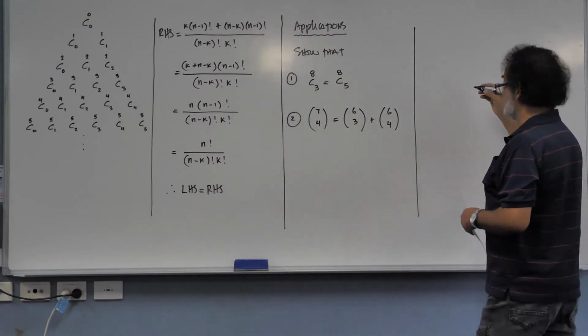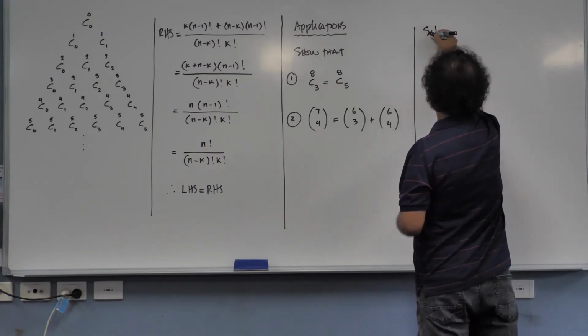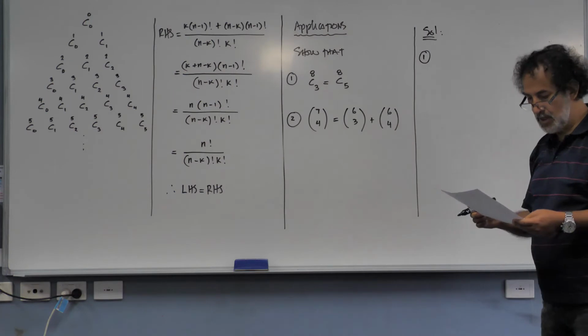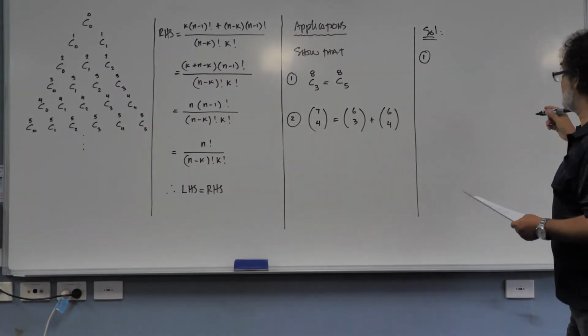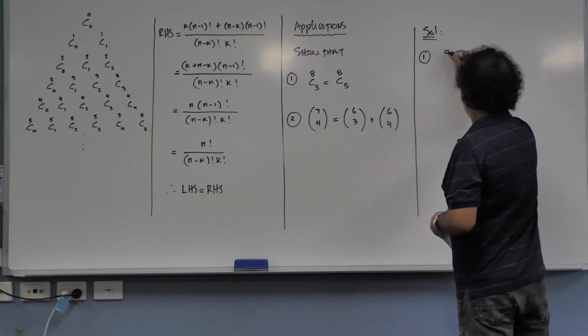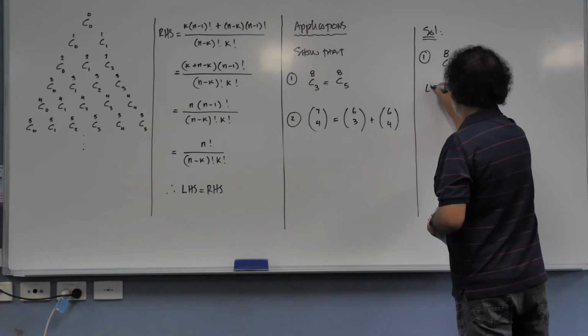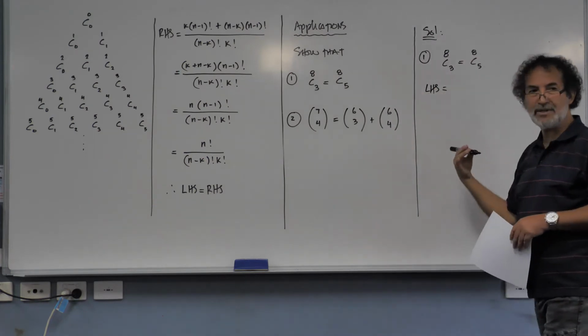All right, so we're going to say solution number 1. Let's do 8C3, so that's what we need to prove is equal to 8C5, the left-hand side. We're going to start with the left-hand side.